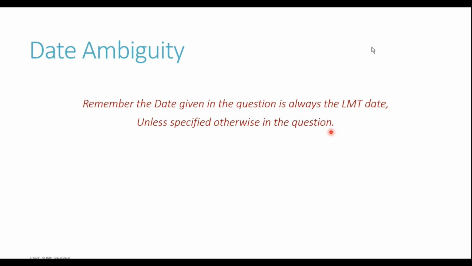So whatever date is given to you, you will always consider it as your local date or LMT date, unless they have specified exactly that this is GMT. Only in that case it is to be used as GMT. In all other cases, when it is not specified, it is to be used as a LMT date.